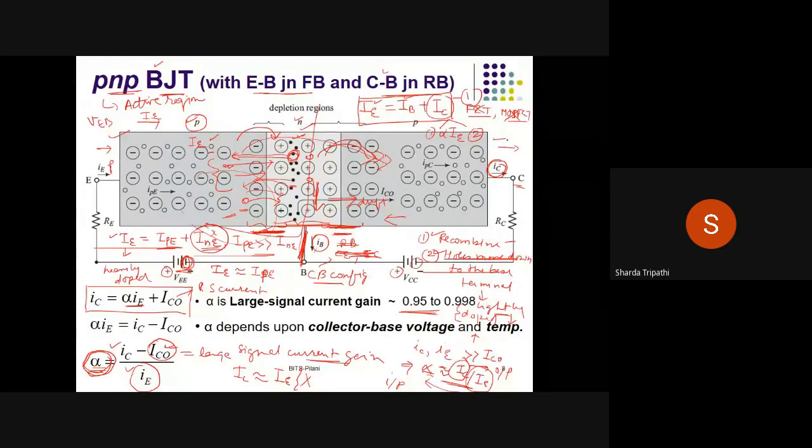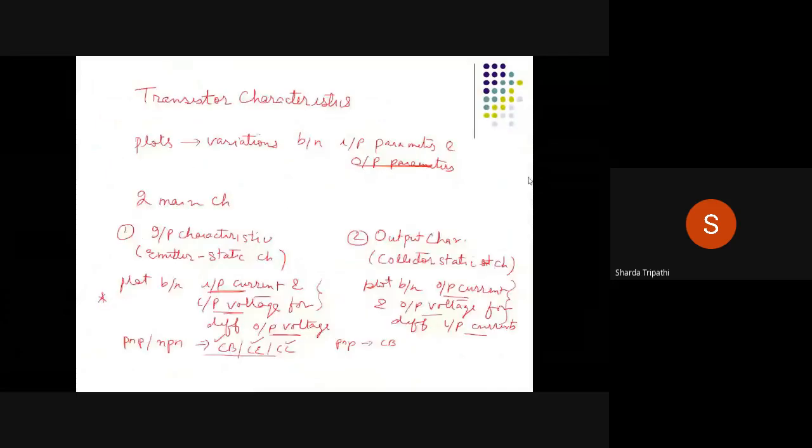Likewise, the output voltage would be VBC. So here I write the input current in this case was emitter current IE. The input voltage is emitter to base voltage or the voltage across the first PN junction, and the output voltage is actually VBC or the voltage across the second PN junction.